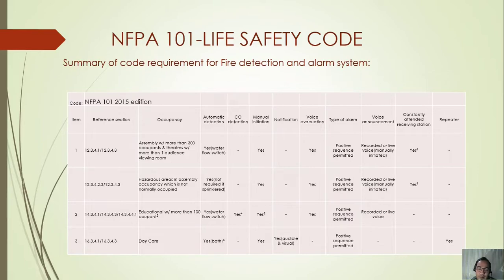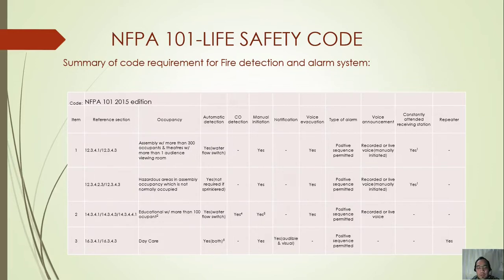Because even if you have a sprinkler in a building, it can give you also the advantage of monitoring of fire. Because once the fire is triggered, and if it's connected to the building fire alarm system, it can also give you alarm notification. So that's why in assembly occupancy, in this requirement, what you will see is, yes, it's required automatic detection, but for monitoring of water flow switch only.